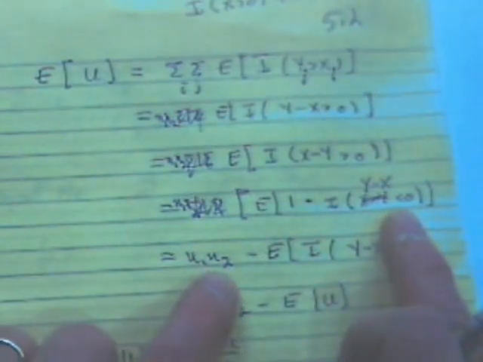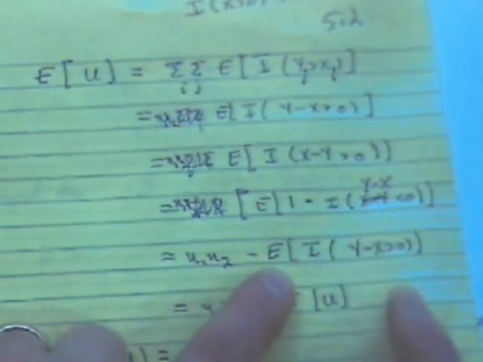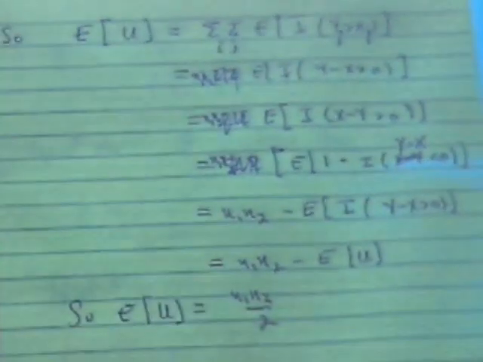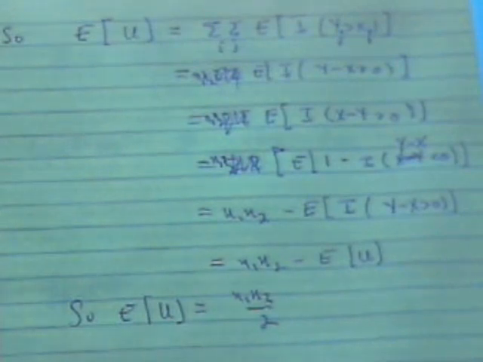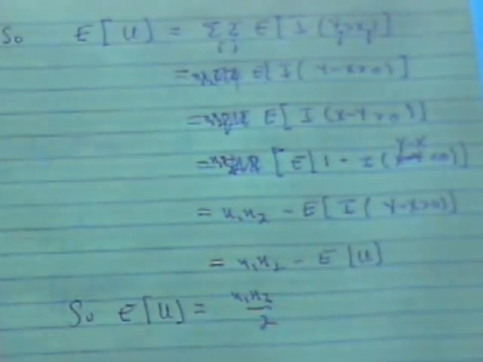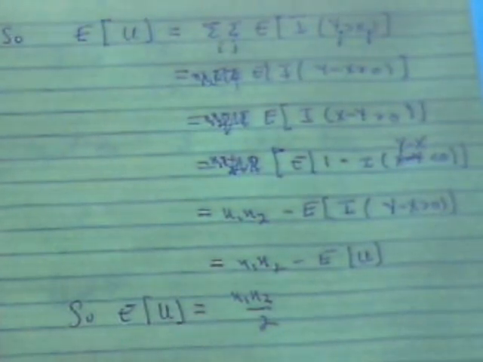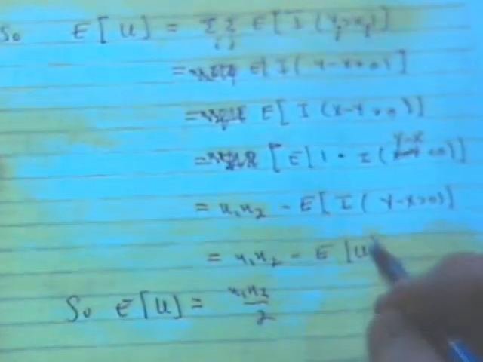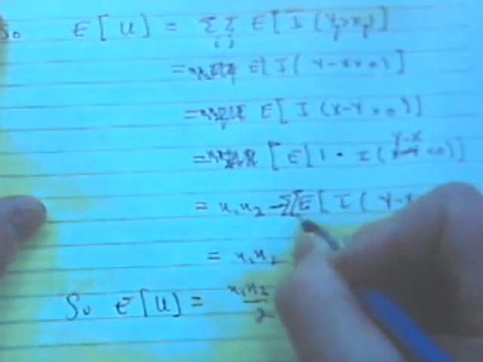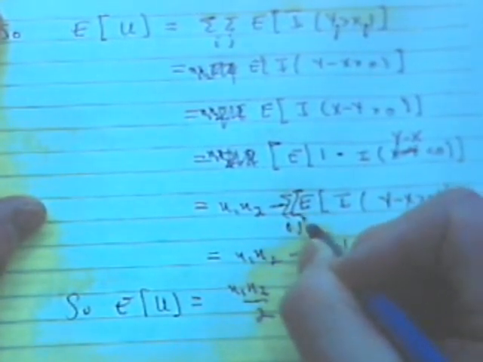So you have n1 times n2 times 1 minus the expected value.